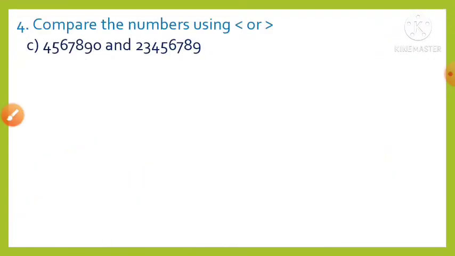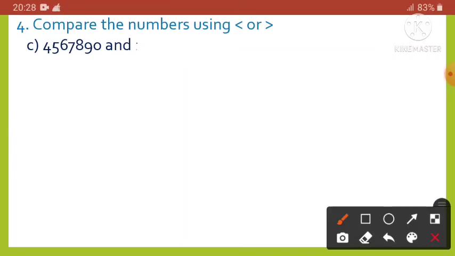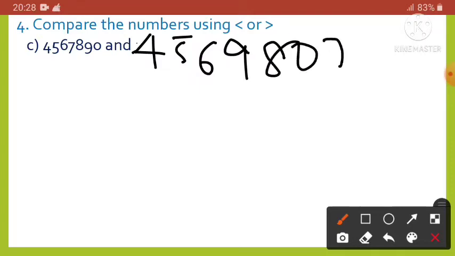Go to the next question. Now the next question is question number 4. Compare the numbers using less than sign or greater than sign. Okay, so here the question is question number C, 4567890, one number, and another number is 4569807.